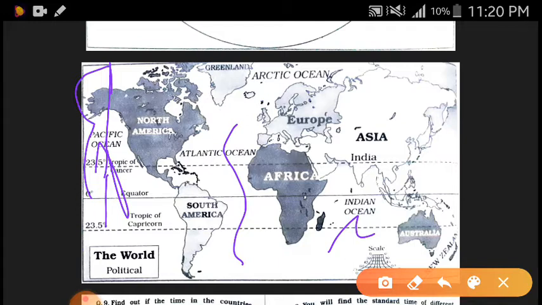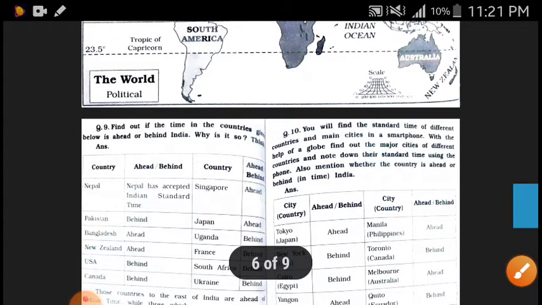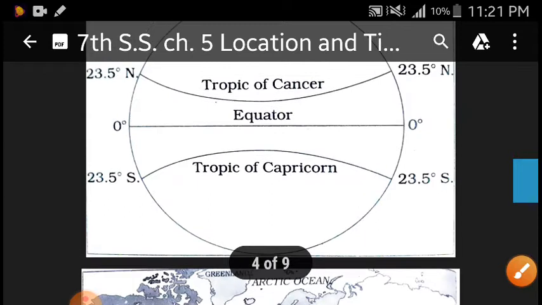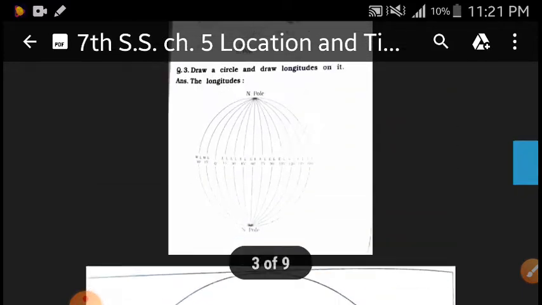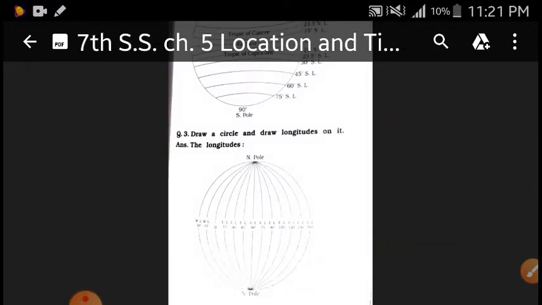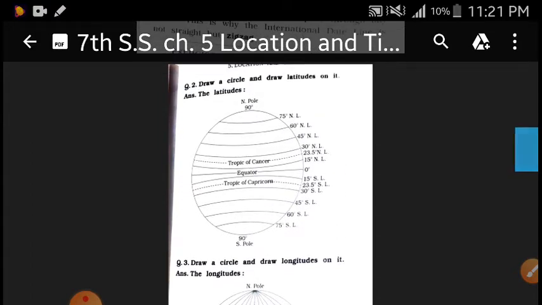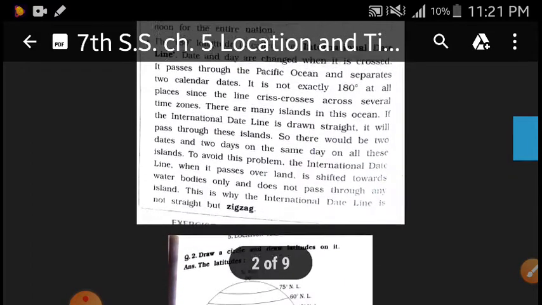About location, one thing I would like to add: GPS, mobile phones and Google are very popular and famous terms that we all know. GPS means Global Positioning System, which is shown in phones, smartphones or laptops.